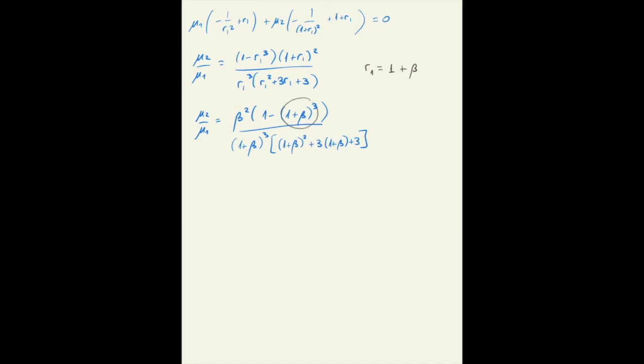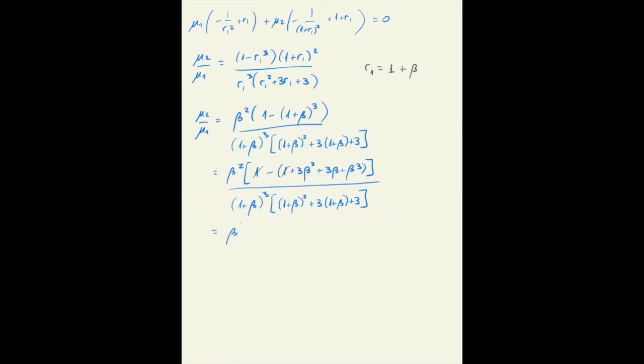So let's expand this cube. That will cancel the 1 and let us extract a beta from inside this parenthesis, and we have beta cubed times (3 plus 3 beta plus beta squared) over (1 plus beta) cubed times (3 plus 3 (1 plus beta) plus (1 plus beta) squared).